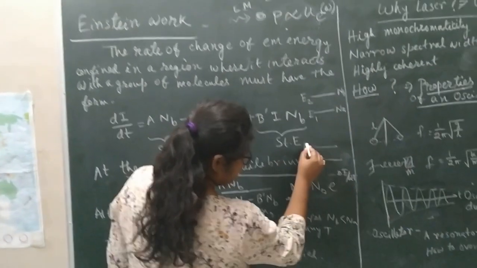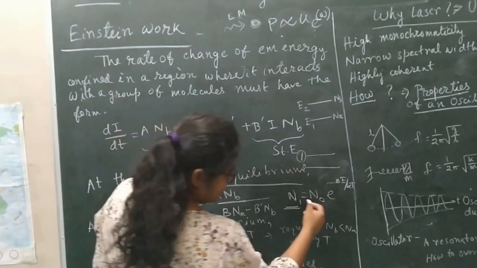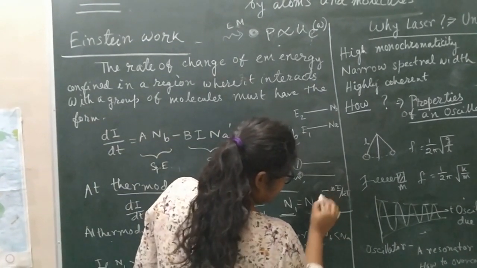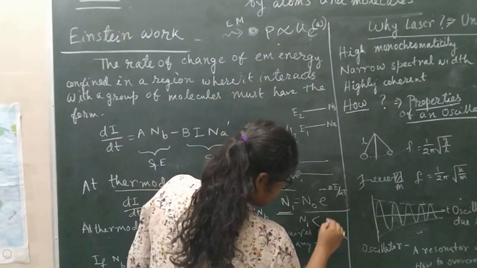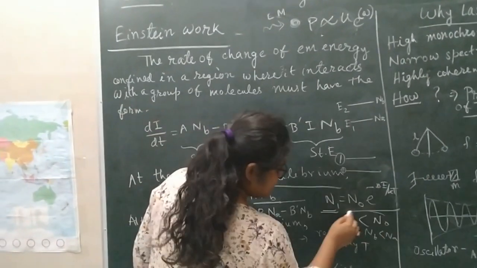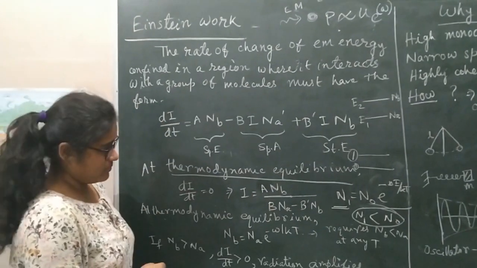So n1 is always less than n0 at any temperature T. This is the condition for thermodynamic equilibrium.